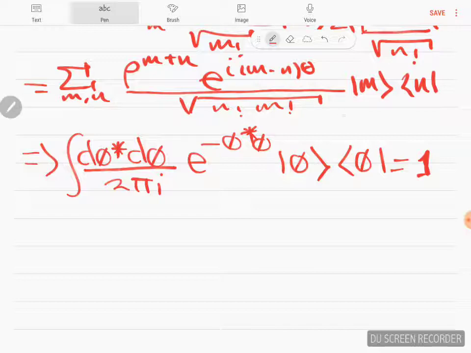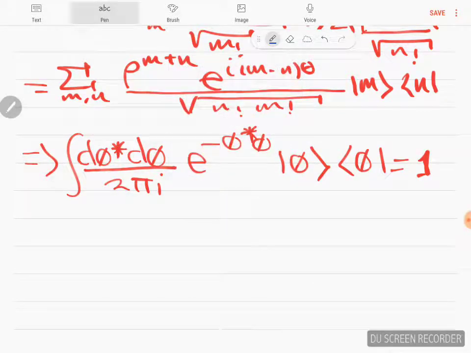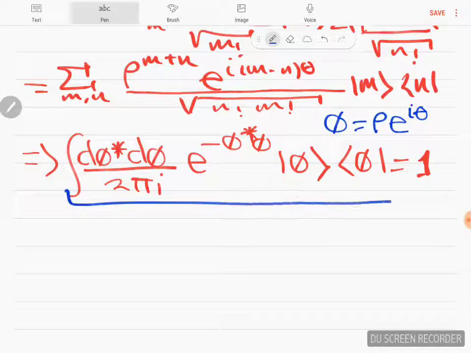Remembering that the coherent state, as we said, has a phase and a magnitude like this, rho e to the i theta, we can replace this ansatz in this formula, and we can write it like this.